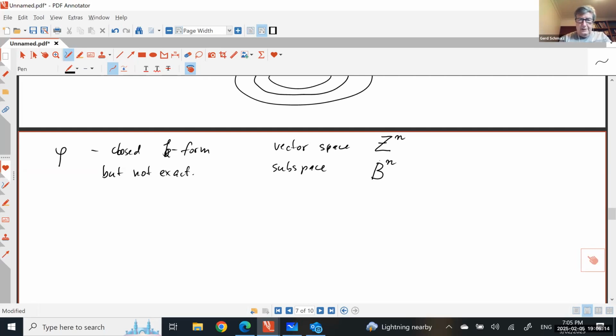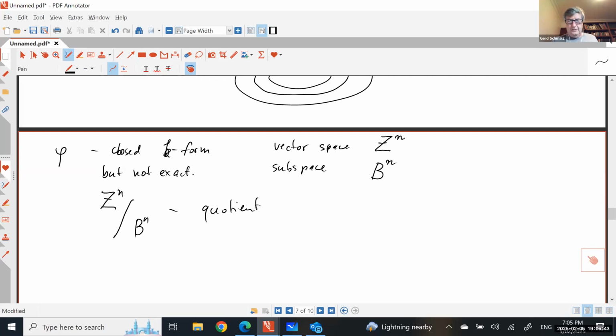And in linear algebra, we can form the factor, the quotient space. So this is the usual quotient space. And this quotient space measures actually how far closed forms are from exact. If this quotient is a big space, then we have a lot of forms which are closed but not exact.